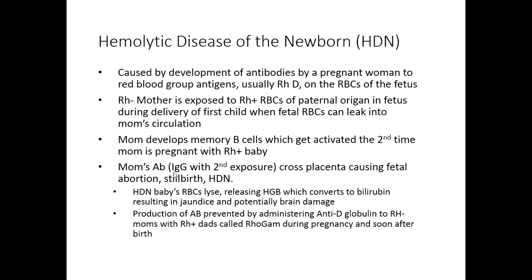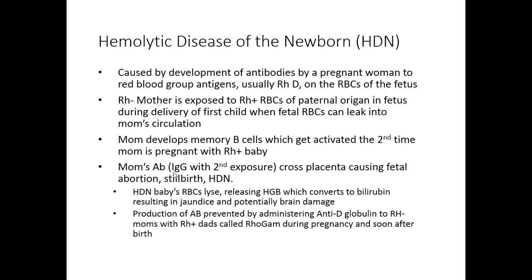Anyway, I digress. Hemolytic disease of the newborn is caused by the development of antibodies by pregnant women who are lacking this antigen, but their fetus has it. So the mother is Rh negative, the baby is Rh positive, and what happens is the red blood cells of the Rh positive baby can enter into the mother's bloodstream either through delivery or even during pregnancy.